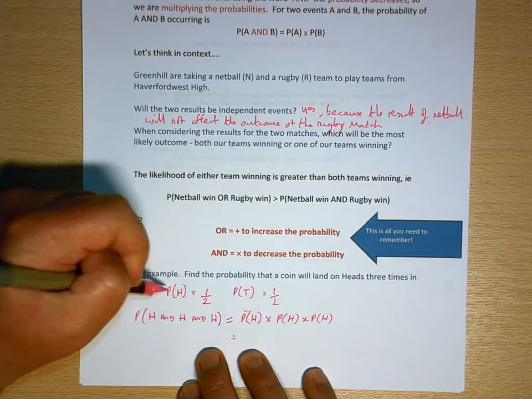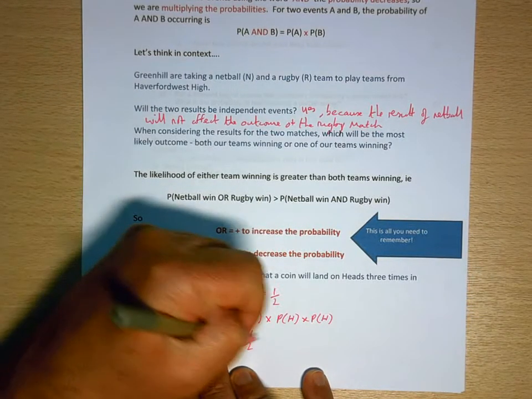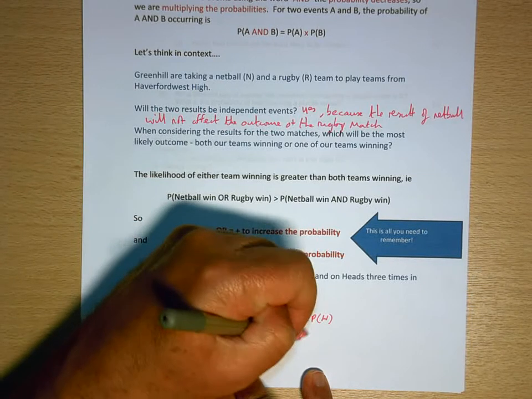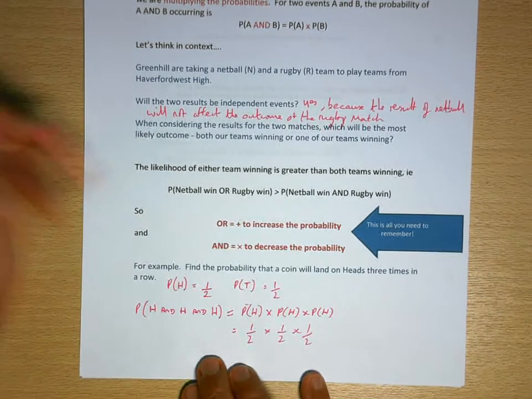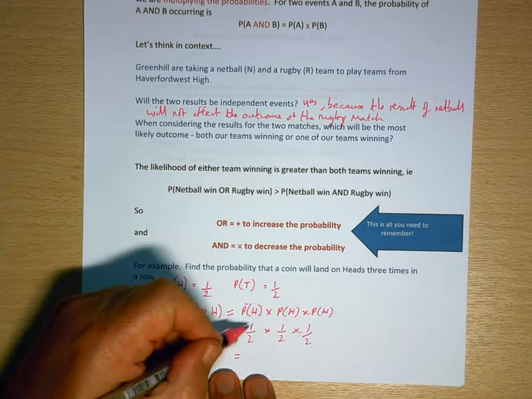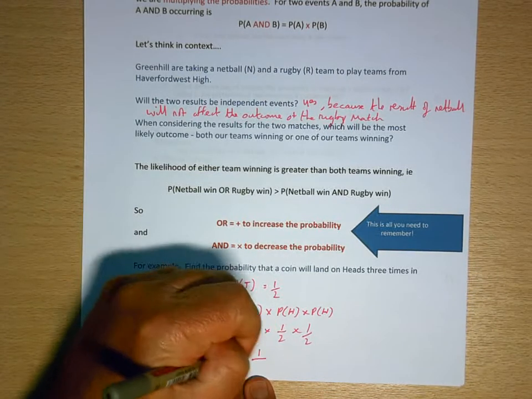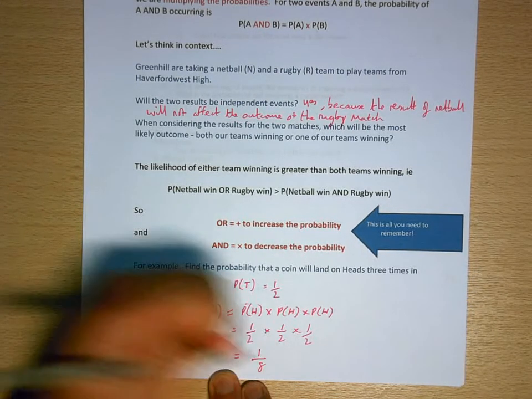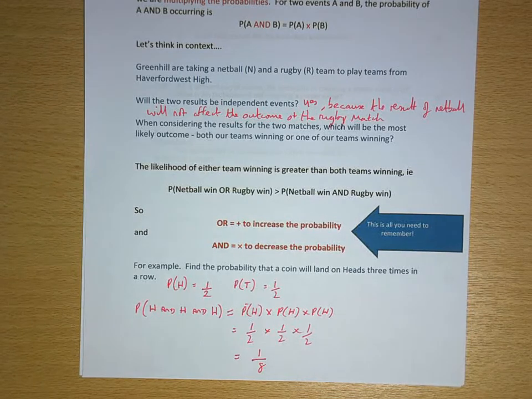So the probability of getting a head is a half times a half times a half, which is 1 times 1 times 1 is 1, 2 twos are 4, 4 twos are 8. So the chances of me flipping a coin 3 times and each time getting a head would be 1 out of 8, 1/8, which is smaller than a half. So you've reduced the chances of that happening.